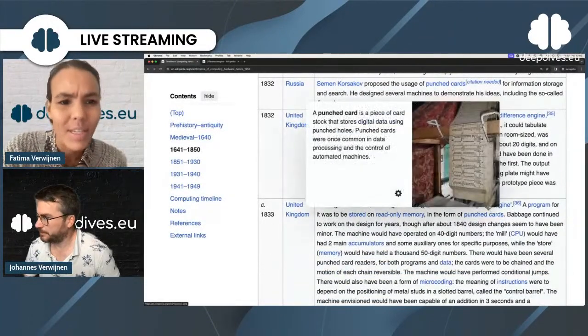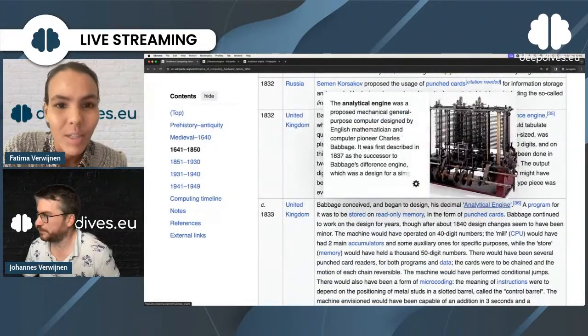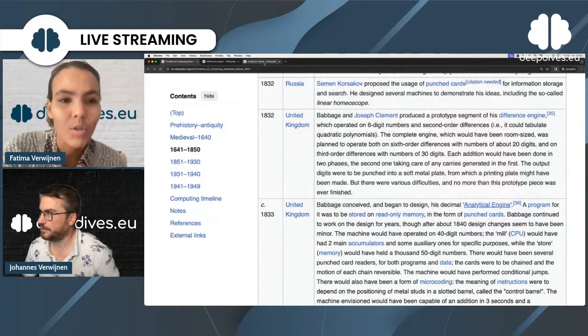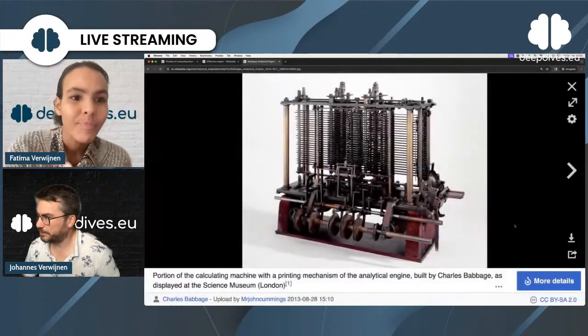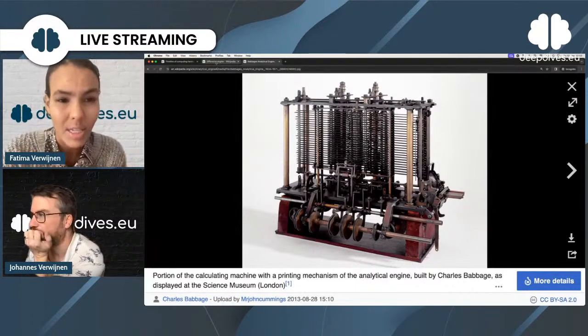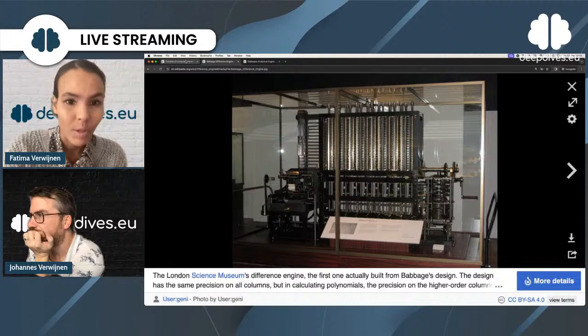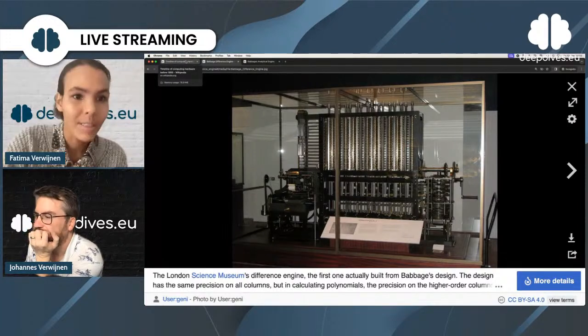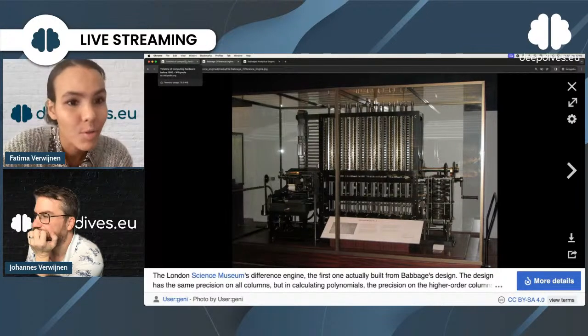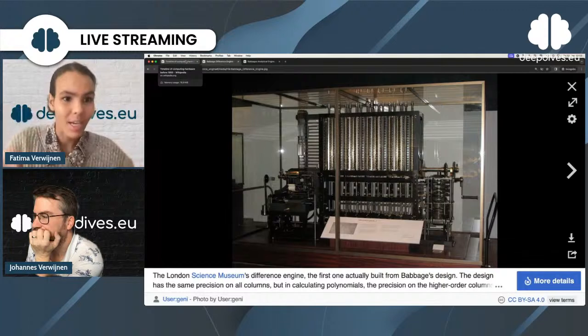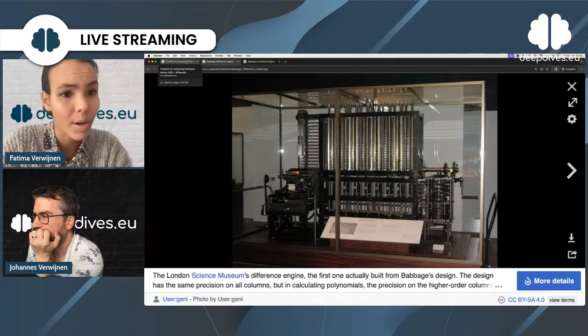It was never built, but it was well documented due to very detailed drawings and explanations of how it would actually work.